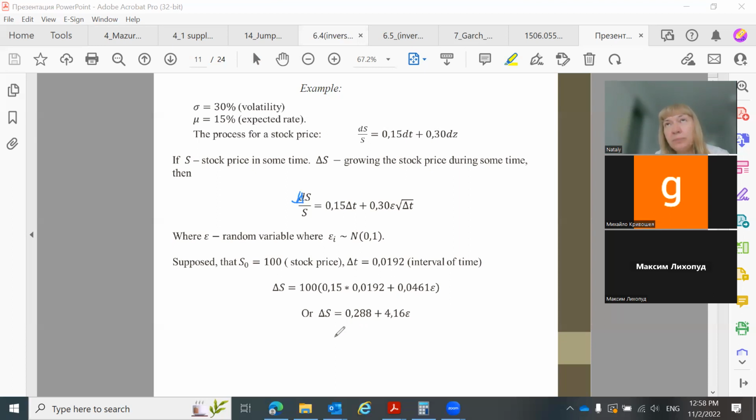So from this we can find the interval of this change. It will be this plus minus this. Okay. So in this way we can apply this formula.